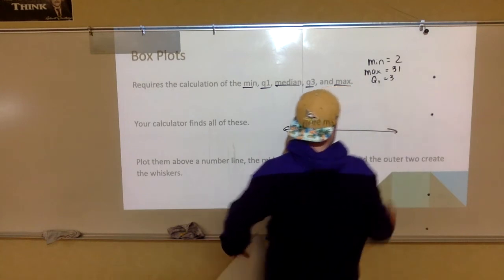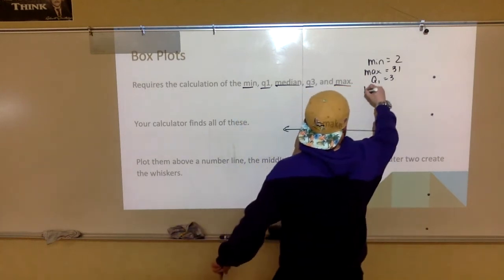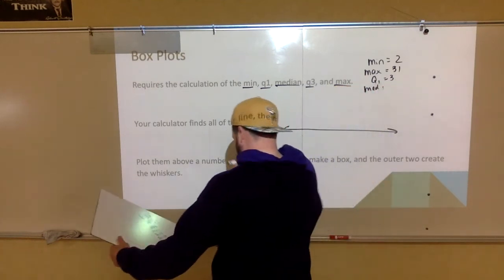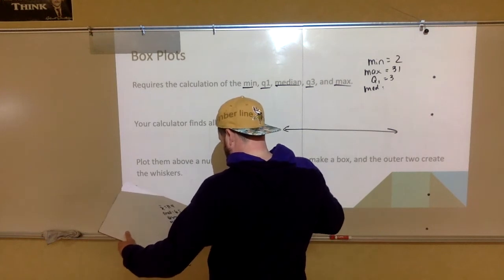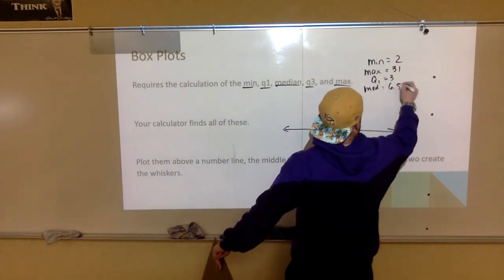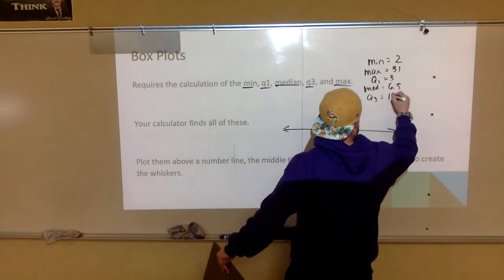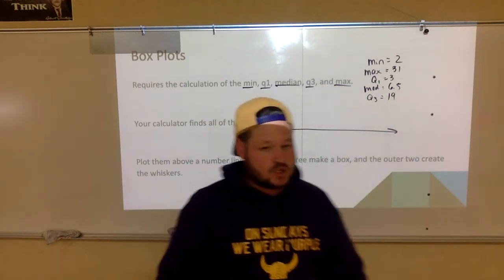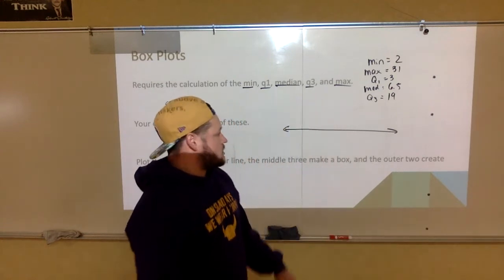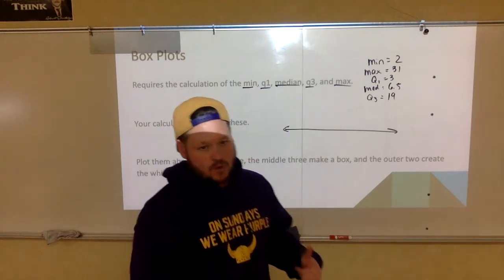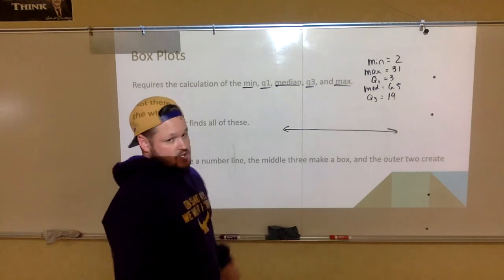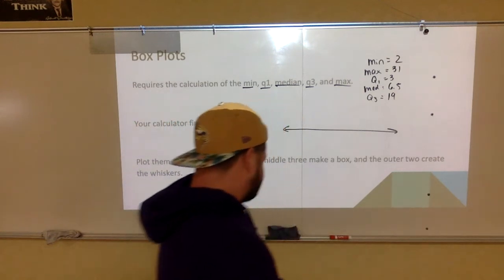Our Q1 was 3. Our median was 6.5. And our Q3 was 19. If you are not sure where I'm getting these numbers from, these numbers are from the very beginning of the video from our warm-up. We've been using a lot of the same information throughout this PowerPoint.